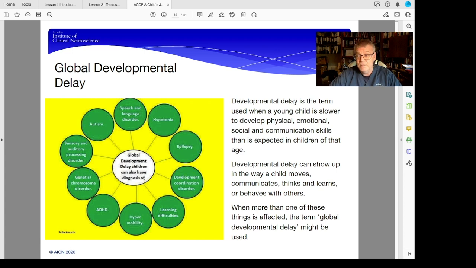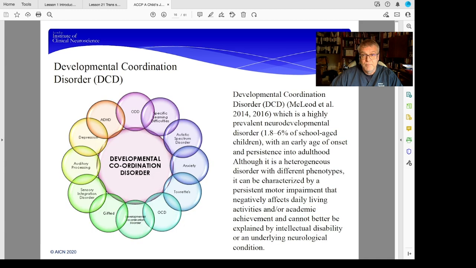Learning difficulties, hypermobility, so you can get both hypotonia and hypermobility. ADHD, genetic chromosomal disorders, sensory and auditory processing disorders, and usually you will have a variety of these or many of these at the same time presenting in these kids. So we have a lot of comorbidities associated with global developmental delay.